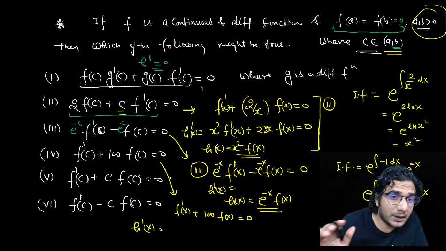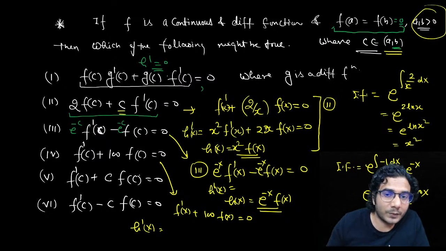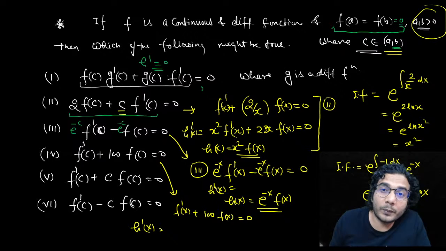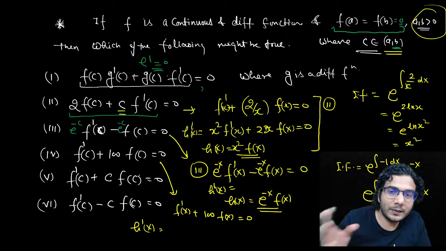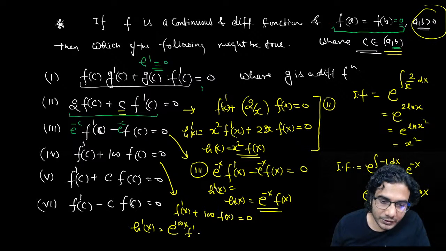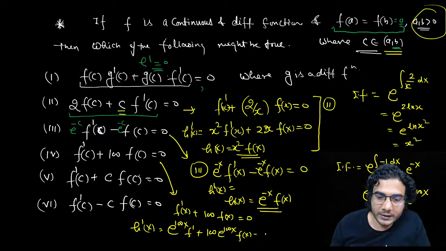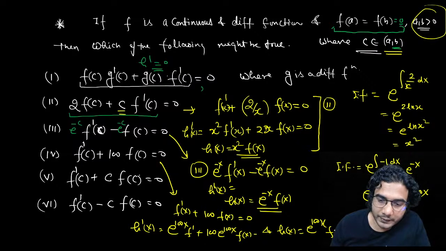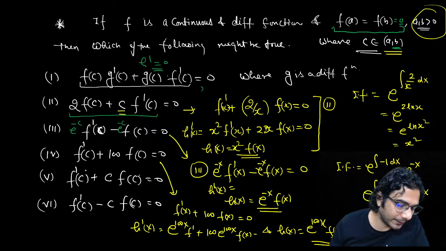And you can always multiply by e raised to anything because that's a positive, non-zero number. So it is going to be e raised to 100x f dash plus 100 e raised to 100x f(x). So what is your h(x)? h(x) is going to be e raised to 100x f(x). So this is the function in which you need to apply it.